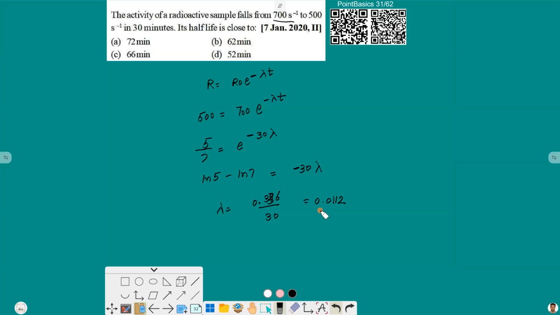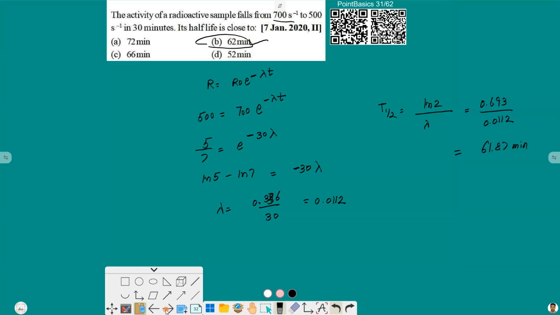That is the value of lambda. Now from this I can calculate t half. t half will be equal to ln 2 divided by lambda, that is 0.693 divided by 0.0112, which equals 61.87 minutes. So basically 62 minutes. That is option B for us.